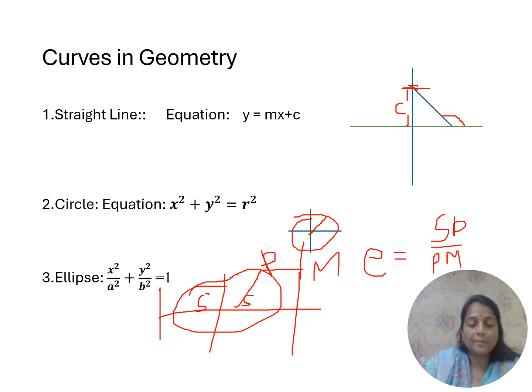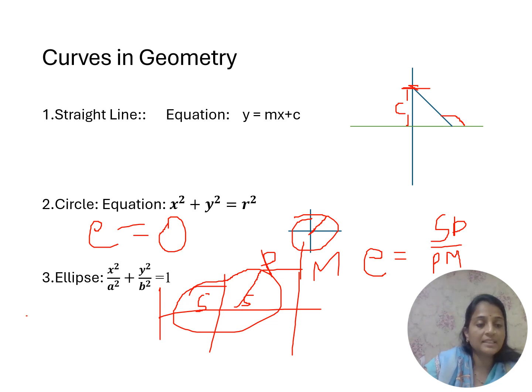Any two-dimensional curve can be defined in eccentricity form. For a circle, the eccentricity is always 0. For an ellipse, the eccentricity is always less than 1.